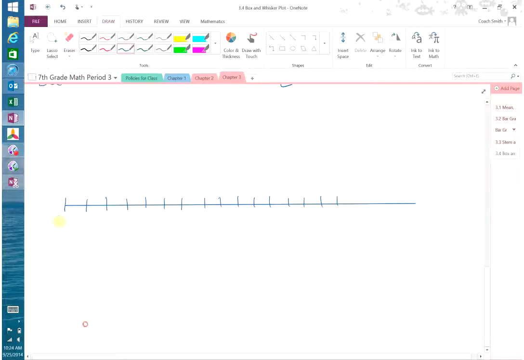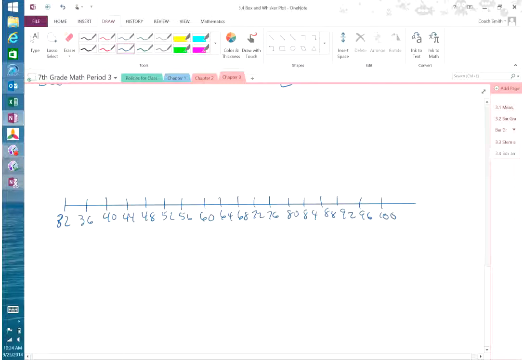So 32, that's why you have erasers. 32, 36, 40, 44, 48, 52, 56, 60, 64, 68, 72, 76, 80, 84, 88, 92, 96, 100.